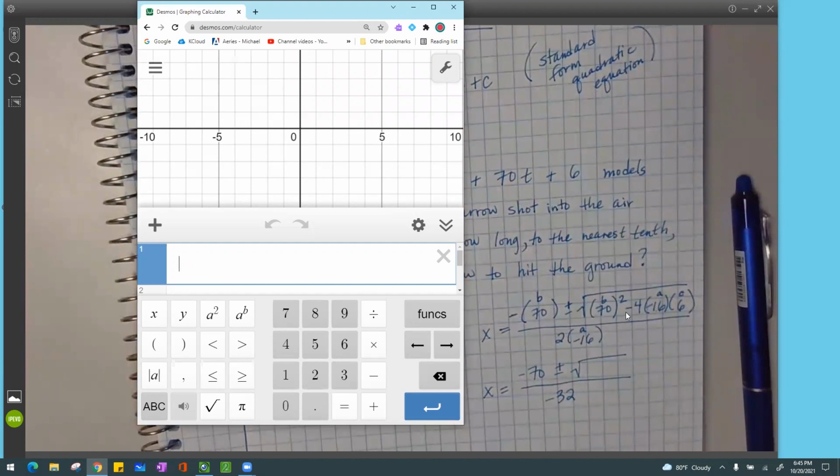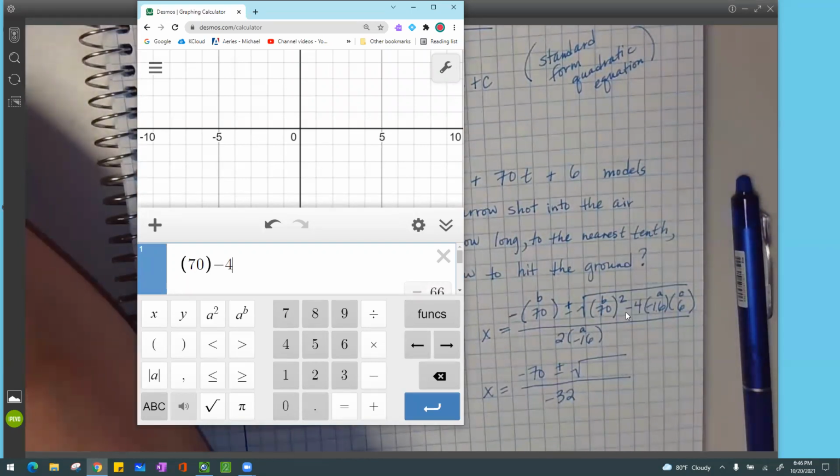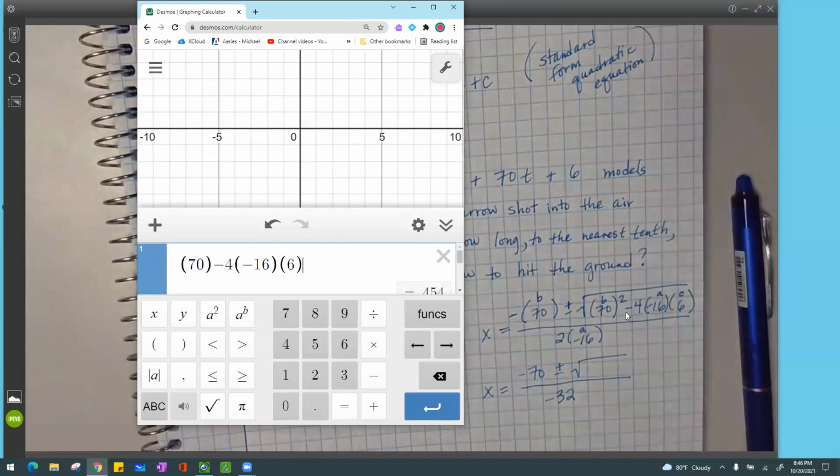This parentheses with the 70. And then minus 4 parentheses, negative 16. The calculator knows that means you're multiplying times 6. Use parentheses when you substitute, that way you won't have a sign error. And just type what you're substituting in.